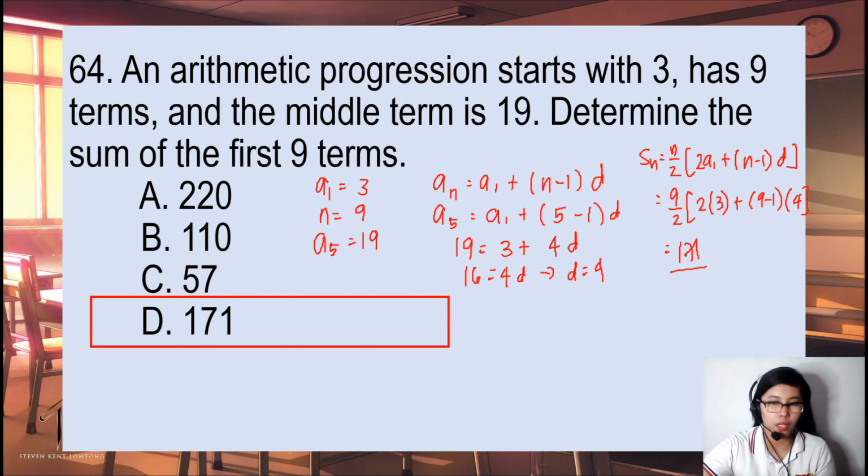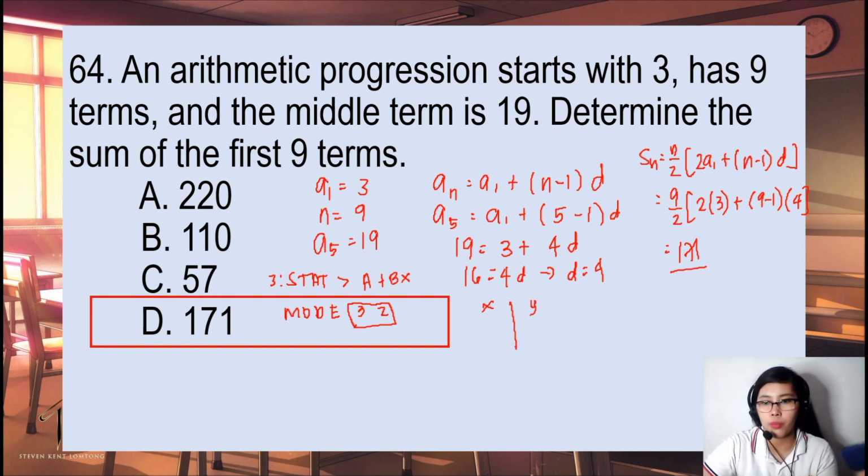Go to stat mode, that's number 3. Then a plus bx, so that's mode 3, 2. Then you'll have the view of x and y here. Our x is a sub 1, a sub 2, a sub 3, and so on.